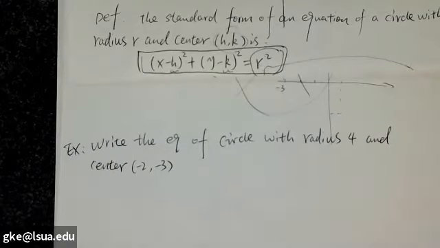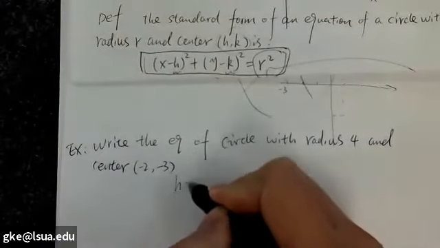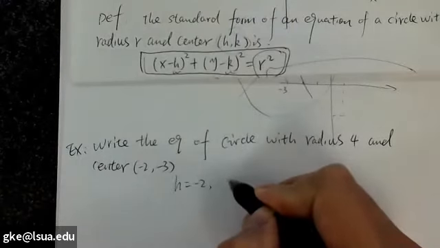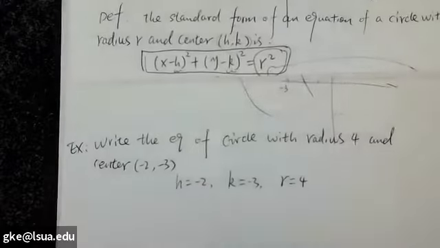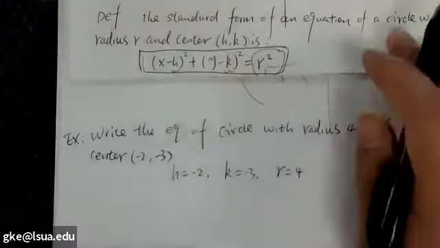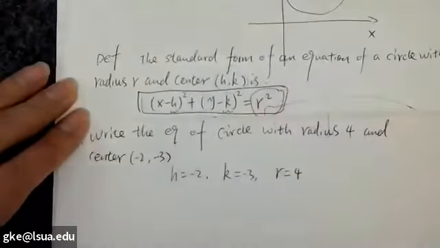Okay, I'm gonna write down the answer on board. So for this one, h equals -2, k equals -3, radius is 4, right? So now we plug in the circle equation.